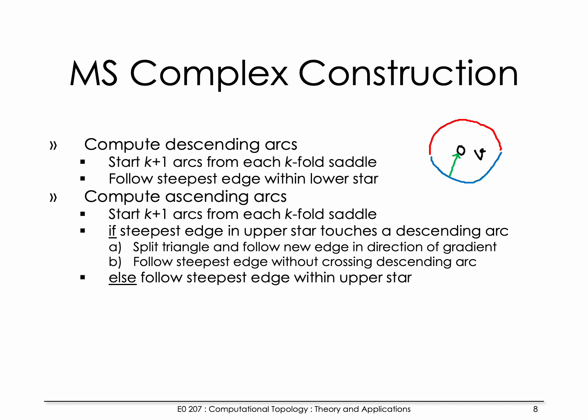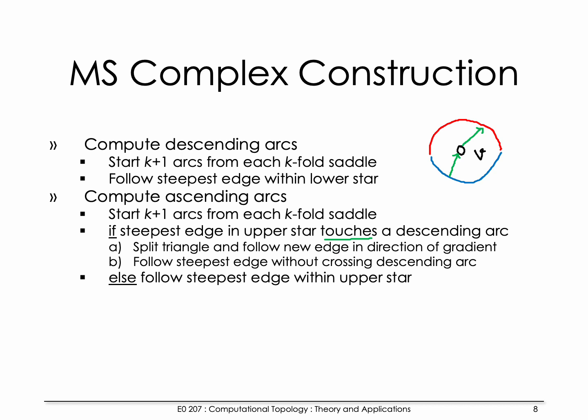So according to the algorithm, we need to find the steepest ascent edge going towards the upper link, right? Now, if this steepest edge in the upper star touches a descending arc, then we need to do something different.